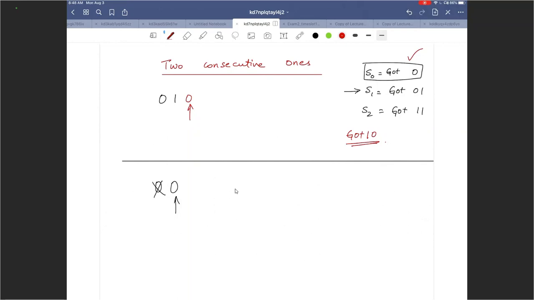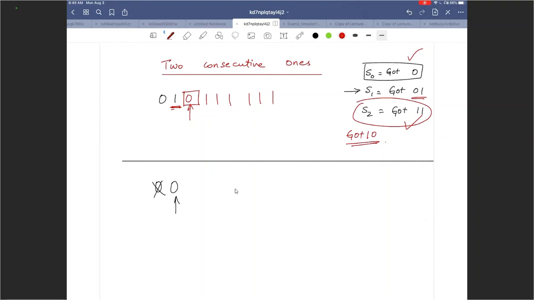So I don't need to hold on to the information of 1 0. I can just make that got 0, the last input is 0, that same state. But if I have 1 here, then my last two inputs are 0 1. Then I move to that, and if I have another 1 here, I go to got 1 1 and make the output 1. If I continue to have 1s, I stay in S2 and keep making the output 1.